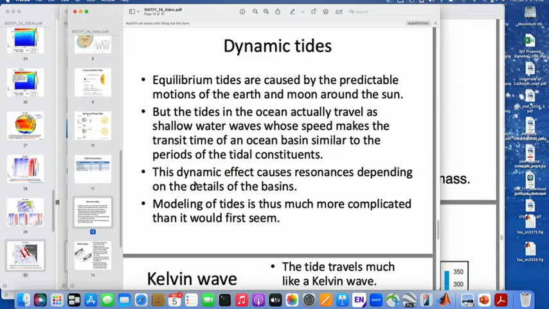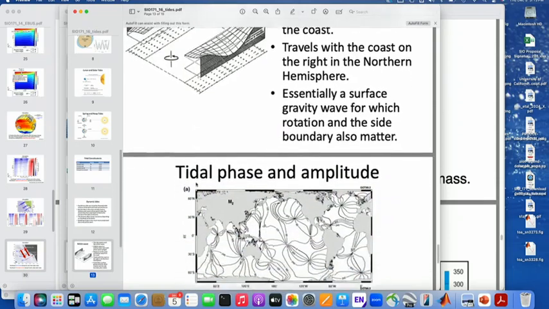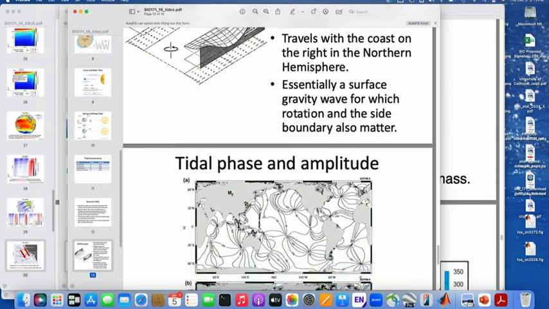What is it, about 200 meters per second? Yeah, and then you can figure out how long it takes to cross the ocean, and it's on the order of a day. So it's the same as the way the tides are forced. It's a near resonant forcing. And so the dynamic tides are super interesting. They're traveling like a Kelvin wave, which is a shallow water wave that leans up against the coast.